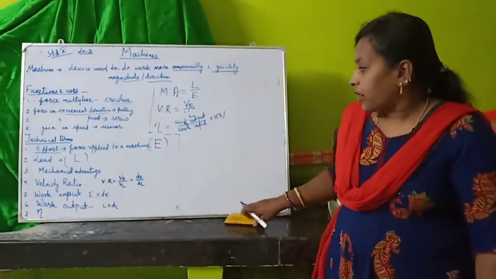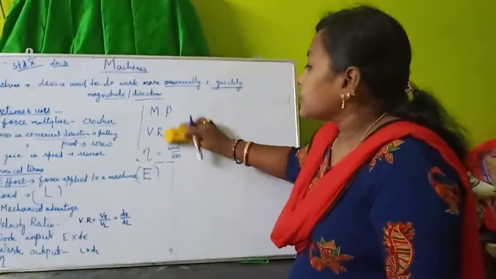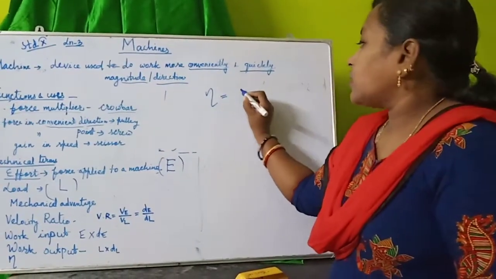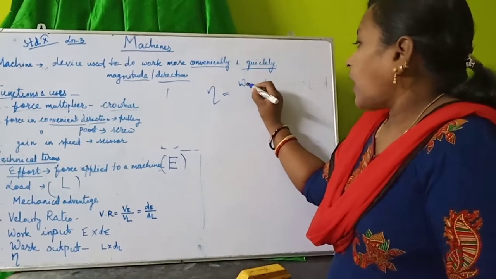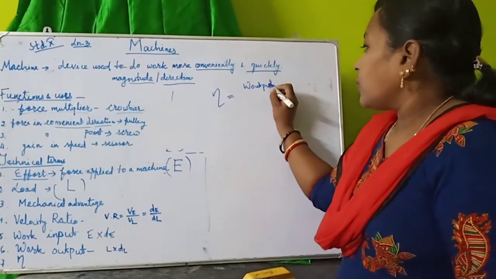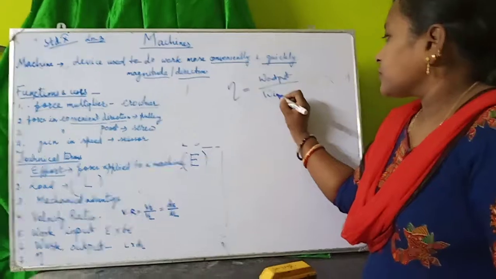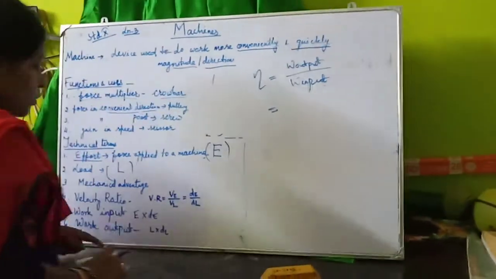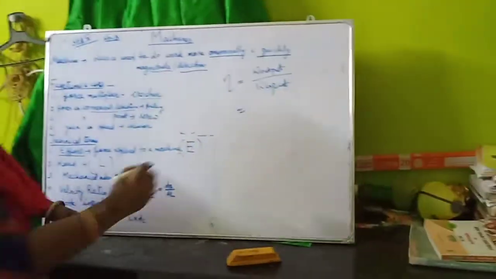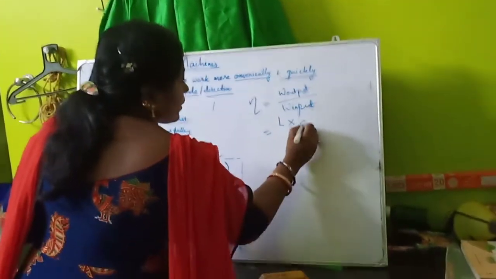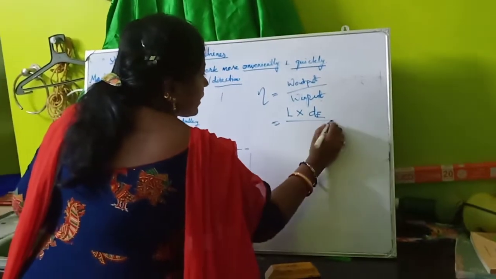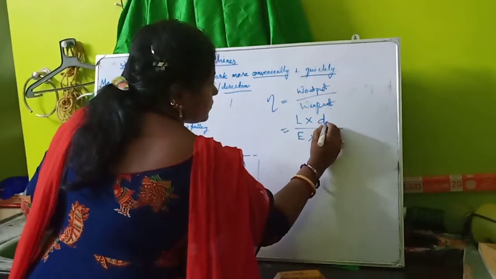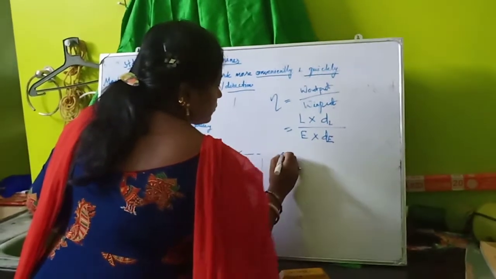Okay. Last, we have to find one relation between these three quantities. You know efficiency is equal to work output by work input. Put the formula of work output: work output is equal to L into DL. Work input is equal to E into DE.